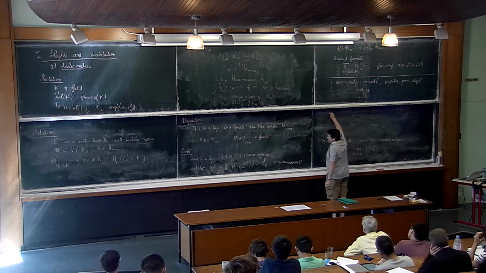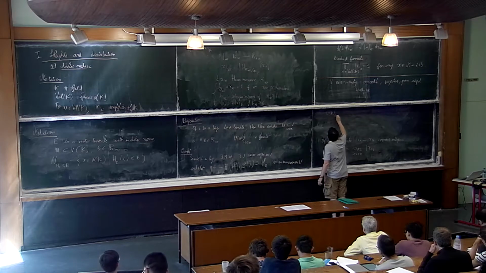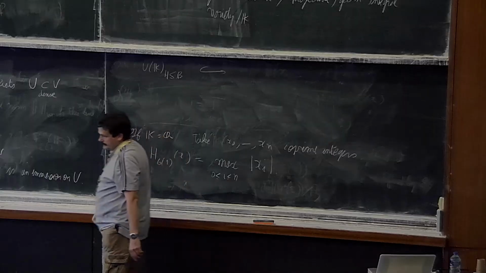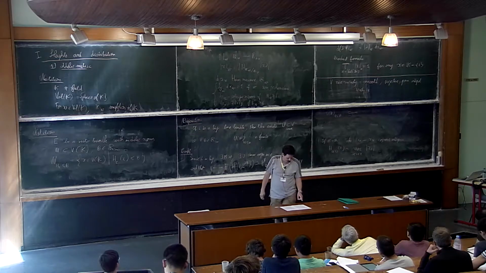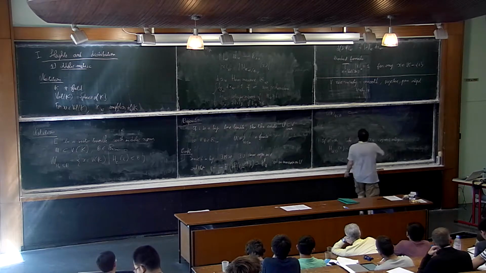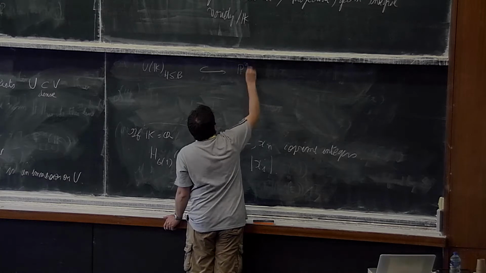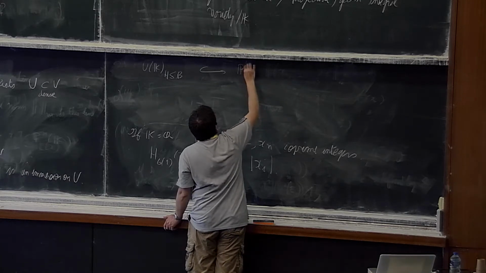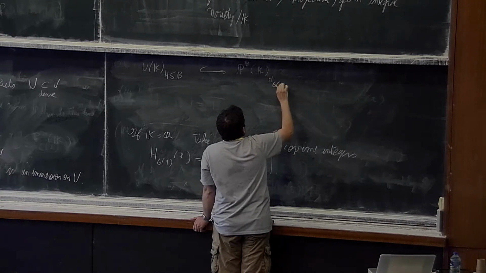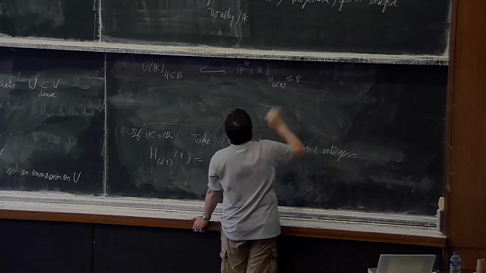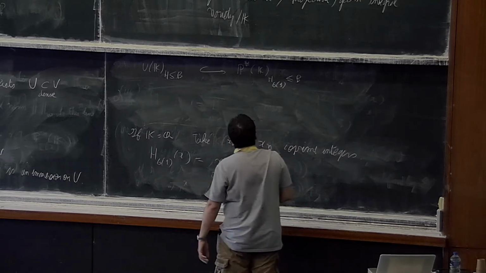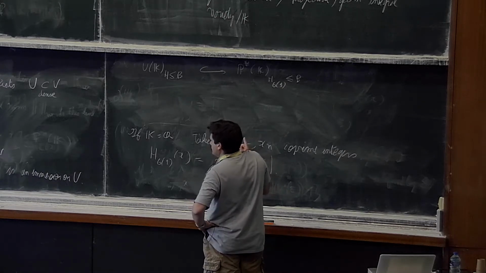So, wait, I should say that then U(k) with H less than B will embed into P^N(k), with height relative to O(1) less than B. No, this is B. Okay, I should be careful.